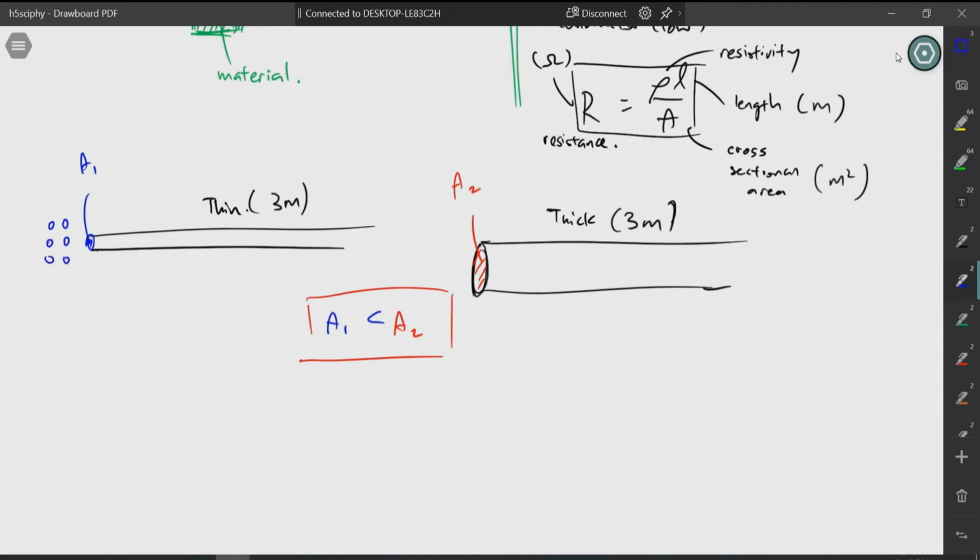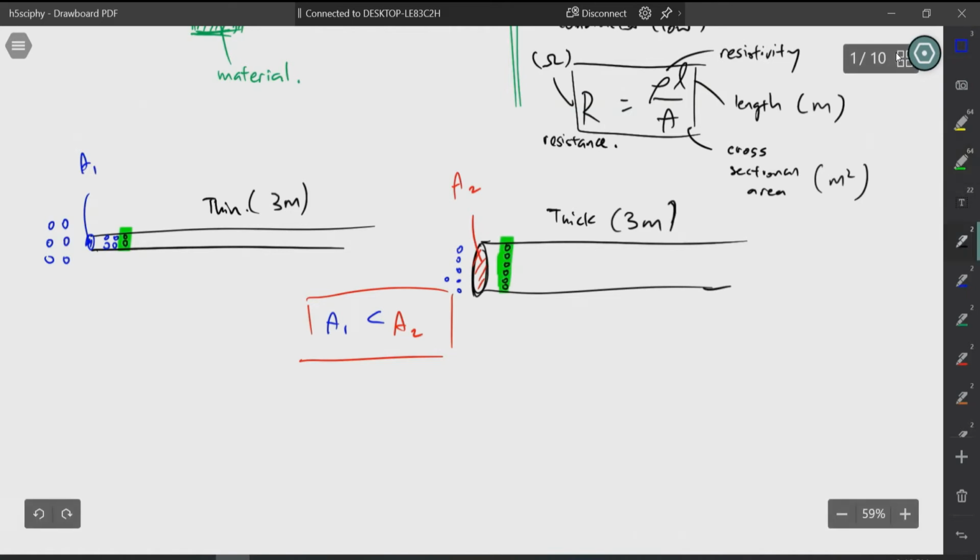In order to enter the thin wire, they need to be packed in this manner, so maybe 2 electrons per section. Whereas if I want 6 electrons here, they can be packed in this manner. In fact, I can have 6 electrons flowing in one section, and very easily you see, just comparing one section on the wire, that for the thick wire, you have more electrons in that section than the thin one.